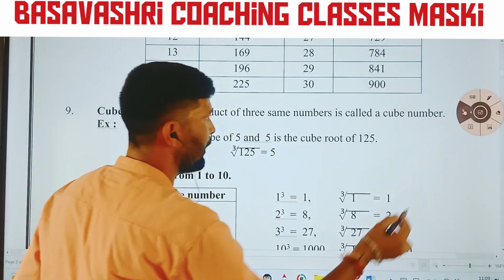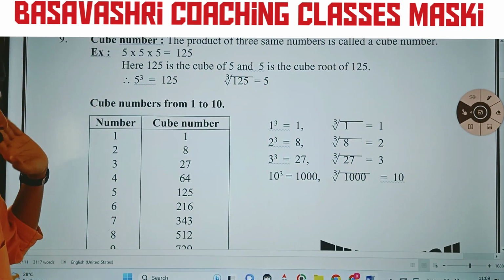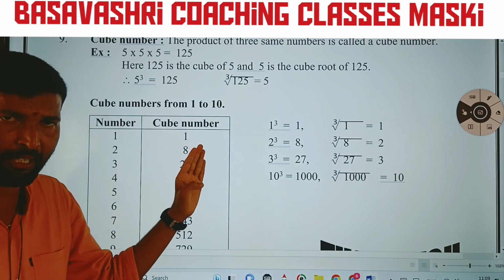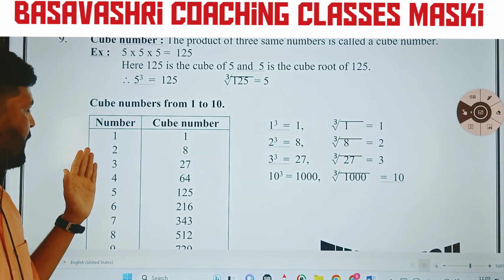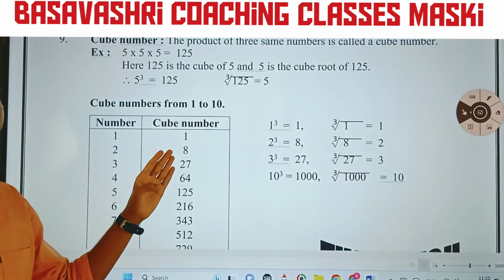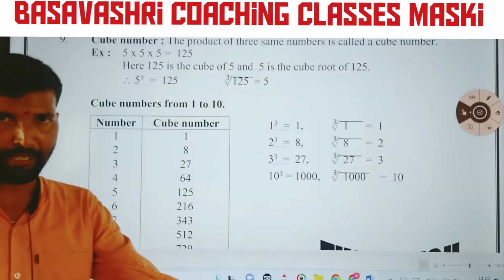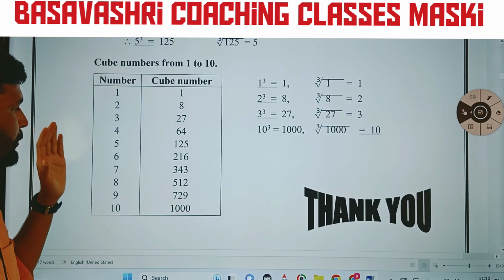Now here I have given some examples from 1 to 10. The cube numbers, where 1 has 1 only. If you multiply 1 any number of times, you will get the same thing. And if you multiply 2 three times, that is thrice, we will get 8, and for 3 we will get 27, and for 4, and so on. These are some examples from 1 to 10.